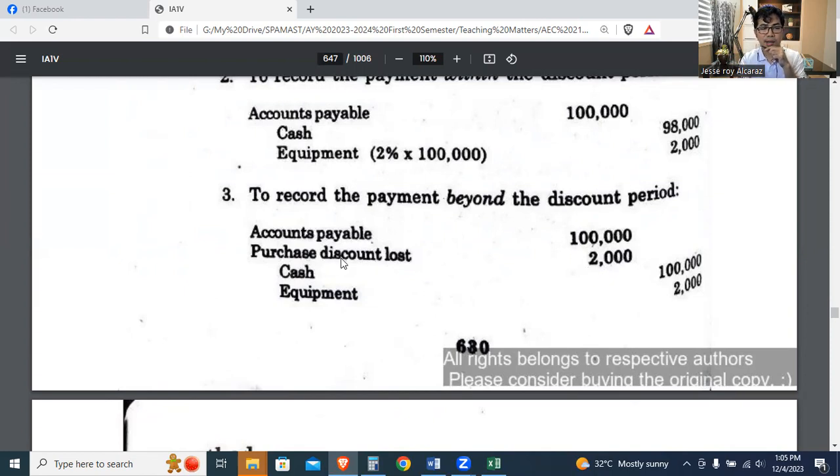So we record it as a loss under the account of purchase discount loss, and we also credit the equipment. So what's the effect of this? The effect is that our equipment is now recorded at 98,000 pesos. Okay, from 100, it became 98 because of the credit to equipment. But at the same time, it is recorded at 98 but it resulted in a loss of 2,000 pesos.